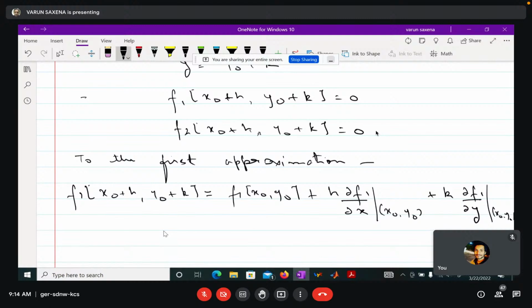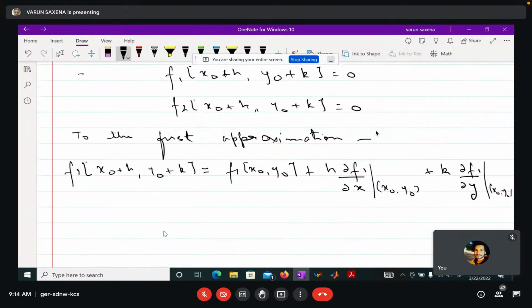Similarly, if it was one variable, it would have been f1(x naught) plus h del f1 del x plus h square by 2 factorial del square f1 del x square.